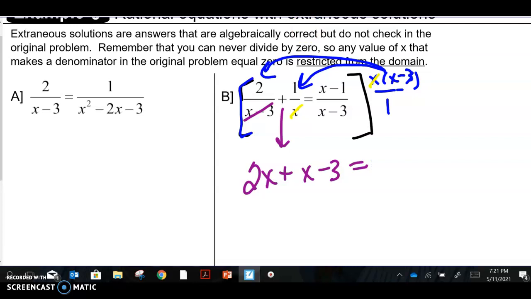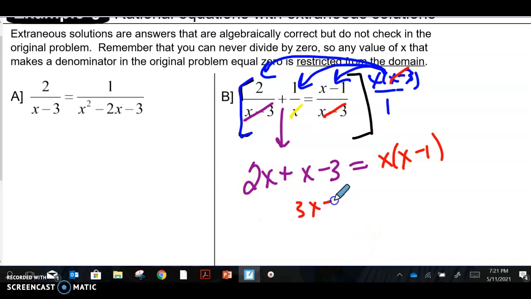And then when I come back here and erase the x, because we're starting over now, multiplying this times this one, and now the x minus 3's cancel, so I have x minus 1 times x, or x times x minus 1, however you want to think of it.